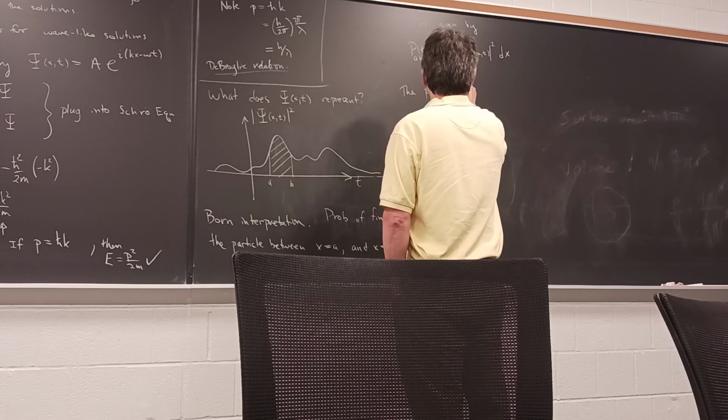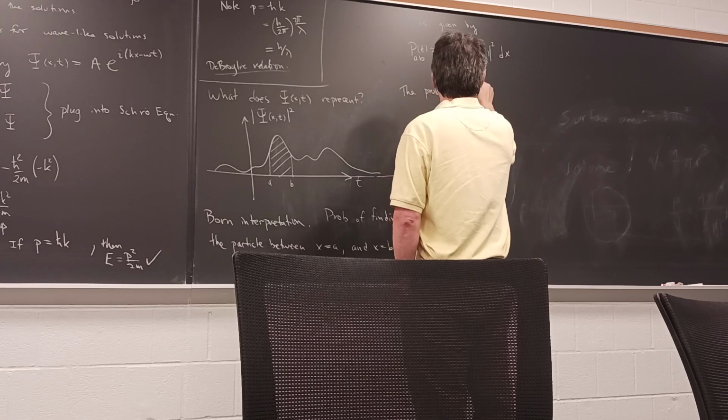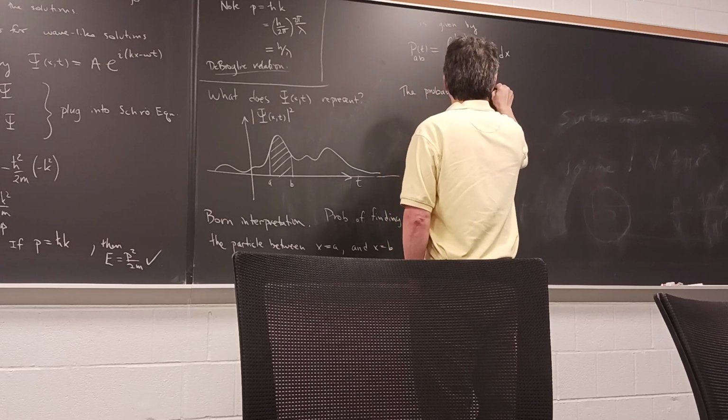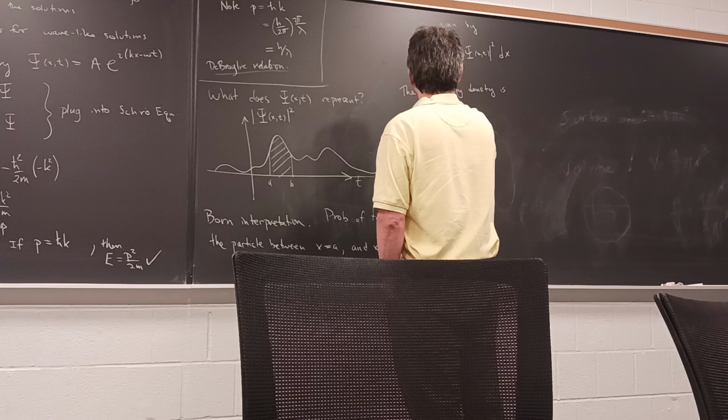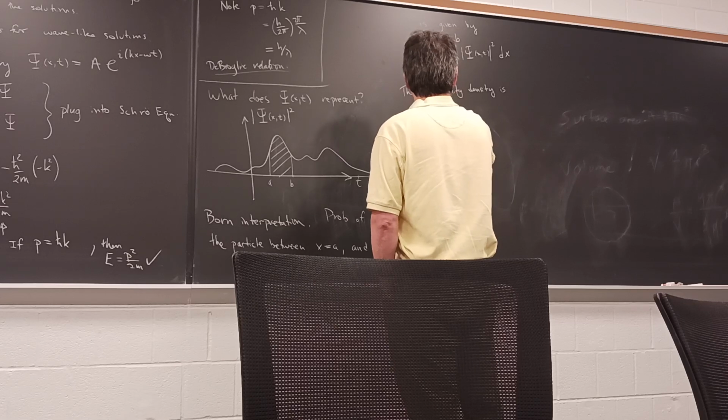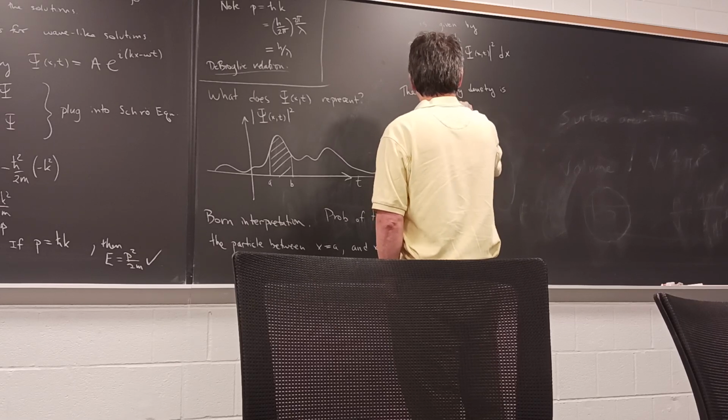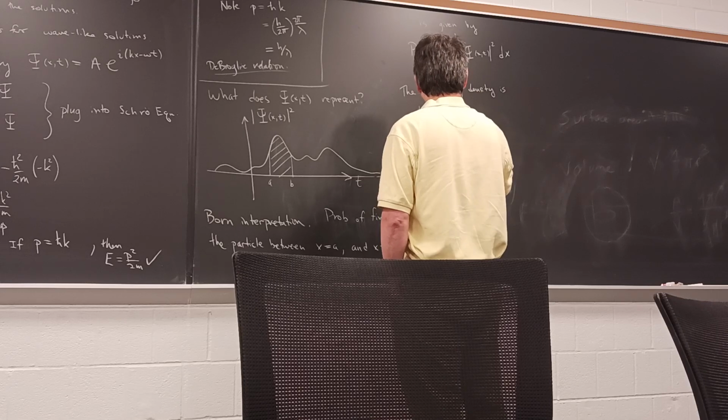So the probability density is psi of x, t quantity squared.